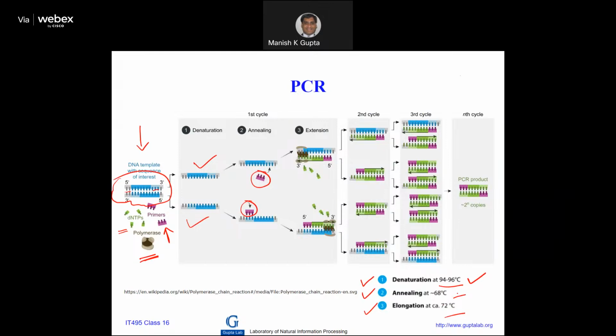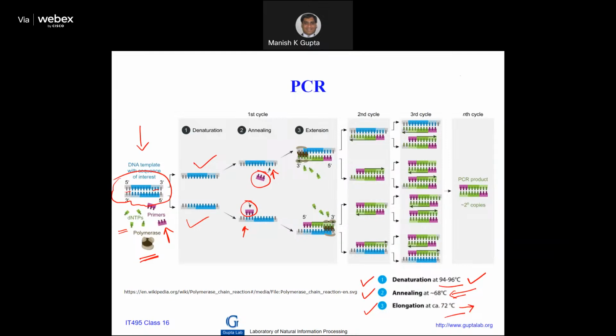Then you reduce the temperature to 68 degrees centigrade. At this temperature, the primers will attach to the opposite sides of the DNA. These primers are small complementary strings for each side, this side and this side. Once they attach, you again increase the temperature to 72 degrees centigrade.